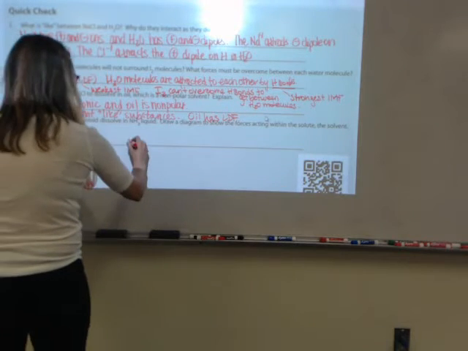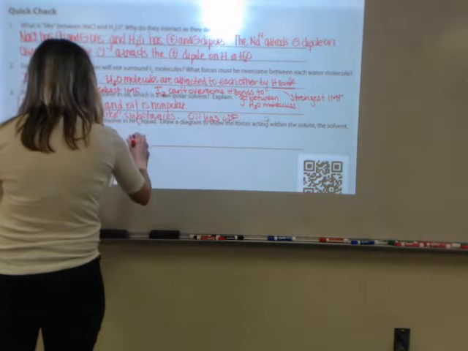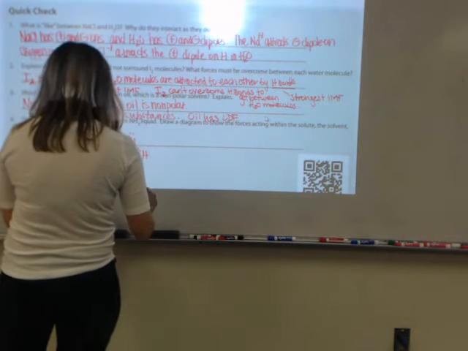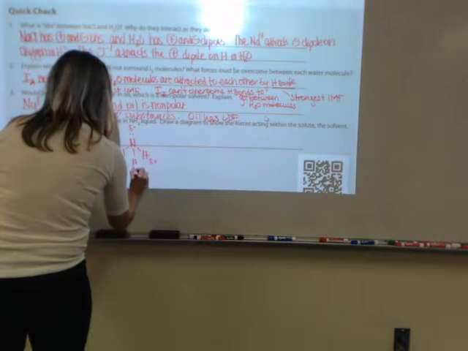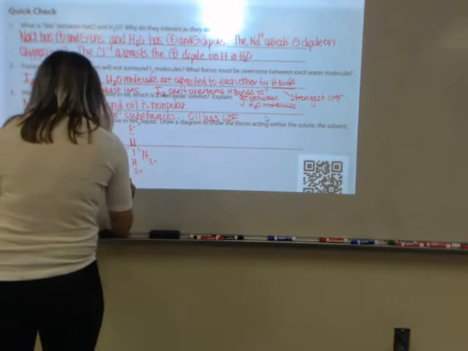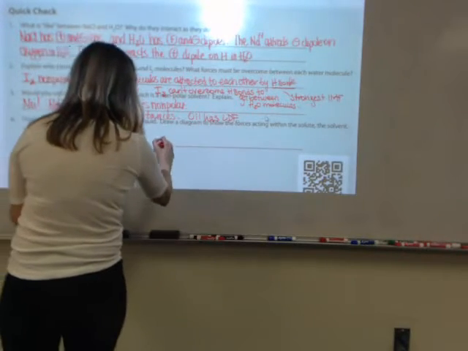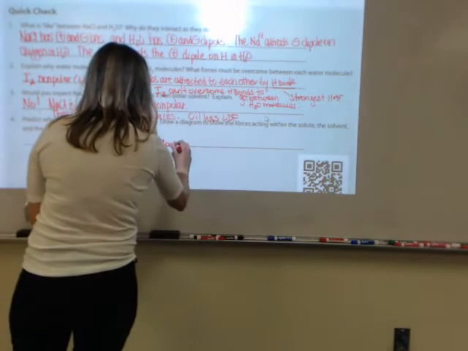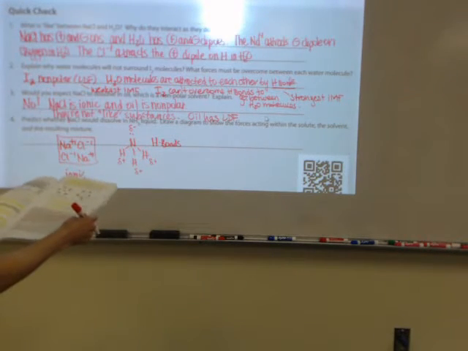And then when you're looking at an ammonium ion, which looks like this, you're going to have a partial negative on the nitrogen and partial positives on the hydrogen. And since it has an NH bond, you have hydrogen bonds in between those molecules.